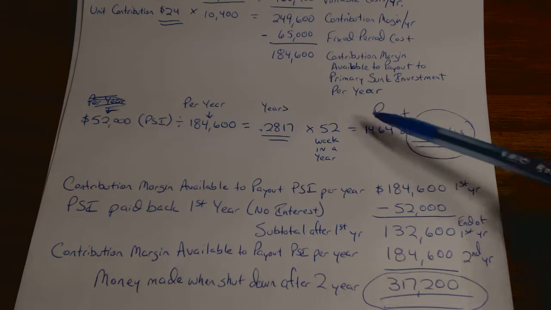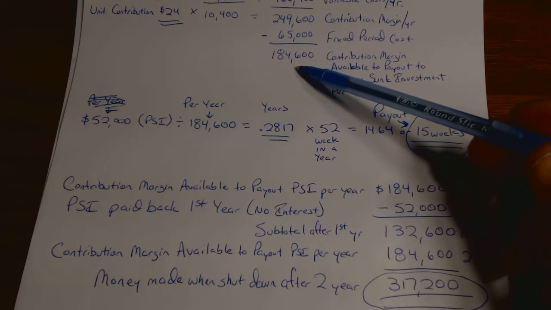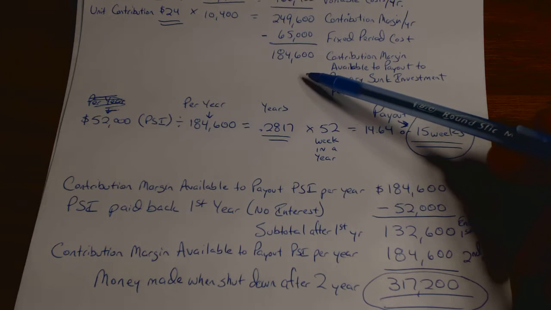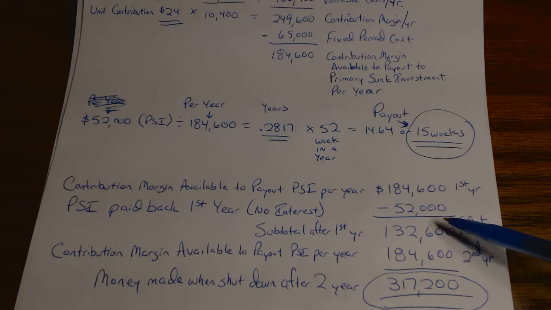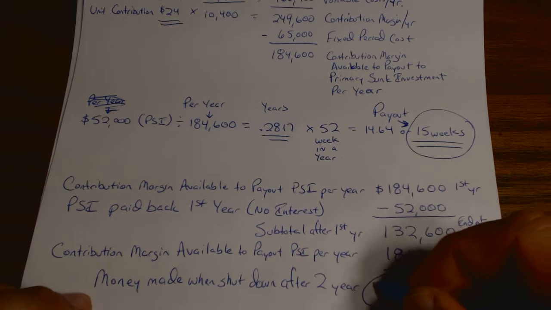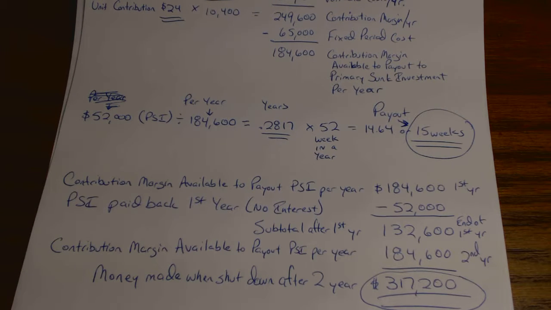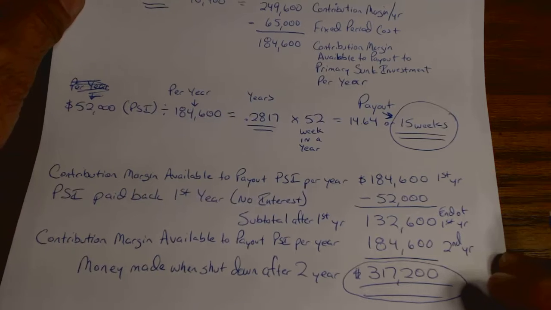The second year, you'll be able to keep the whole 184,600 because you don't have to pay off the primary sunk investment. So you add those two together, and you walk away with $317,200 after 2 years. Okay? So that's the answer that he wanted.